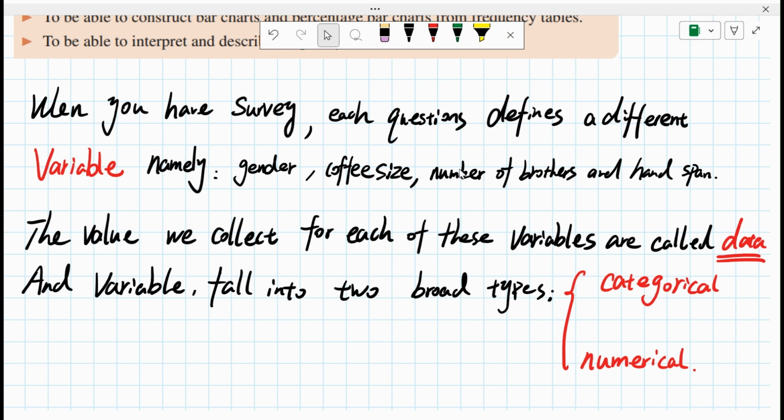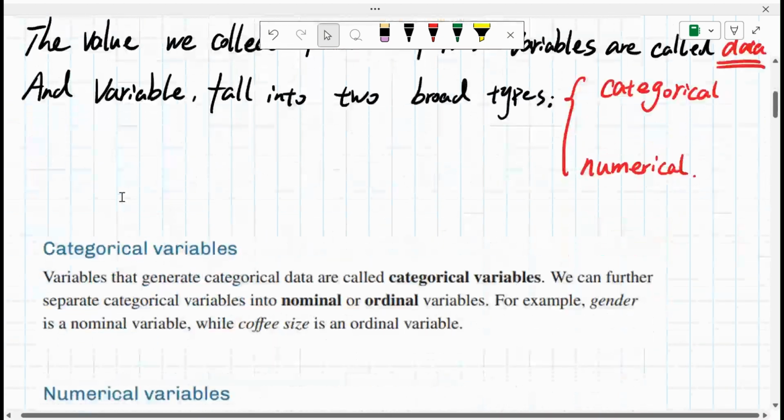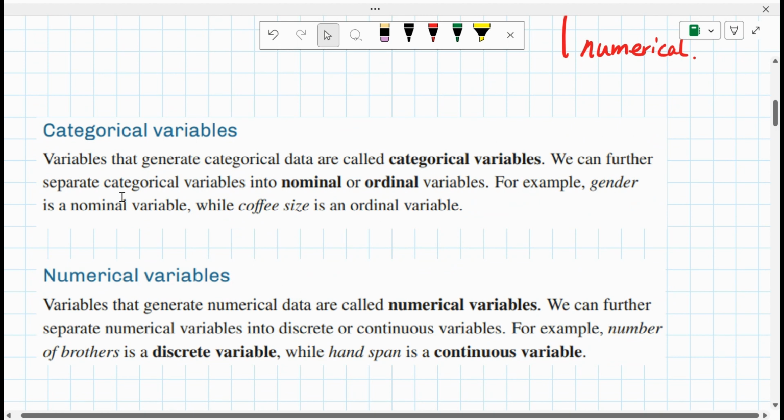These things are all called variables. The values we select for these variables are called the data, and the variables fall into two different broad types: the first one is categorical data, and the second one is called numerical data.